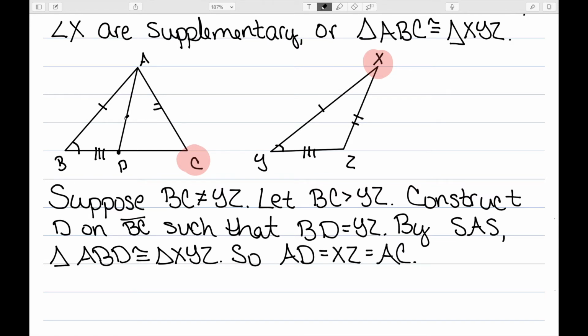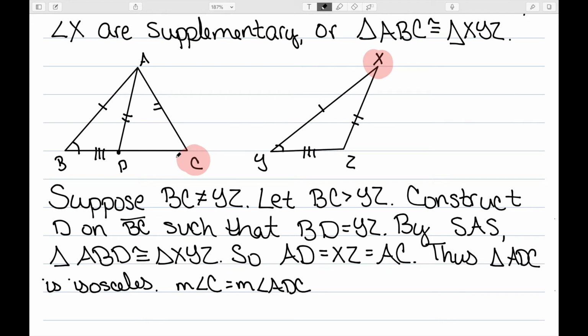Since these triangles are congruent, the third sides have to match, so AD is the same as XZ, and we assumed that XZ was the same as AC to start with. This means that this triangle here, ADC, has to be isosceles since it has two congruent sides.